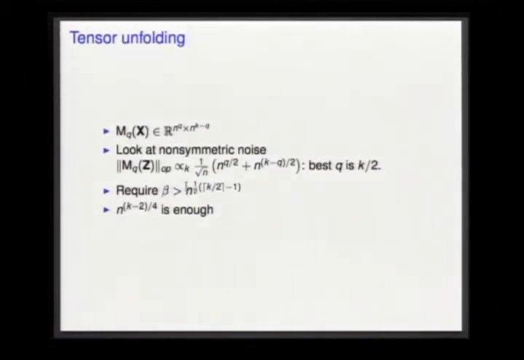As soon as beta is larger than n to something which is close to what we were expecting, we get a nice initial vector for starting the power iteration. And we have some heuristic arguments which are saying that n to the k minus 2 over 4 should be enough.